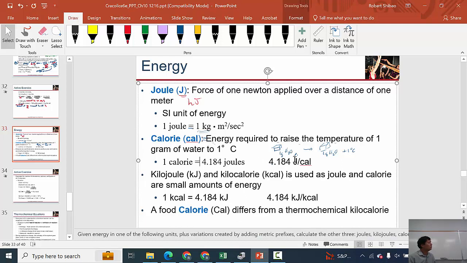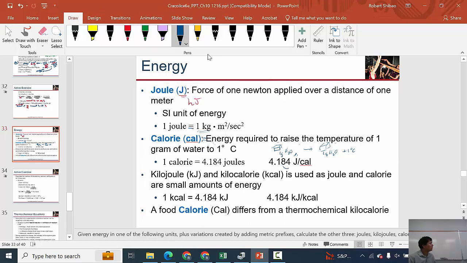So typically we take this conversion as 4 sig figs. Actually, let's take a look, because usually when I go to 4 sig figs, I go 4.185.